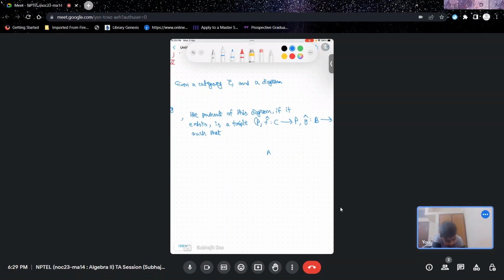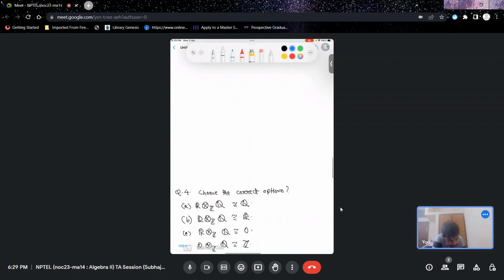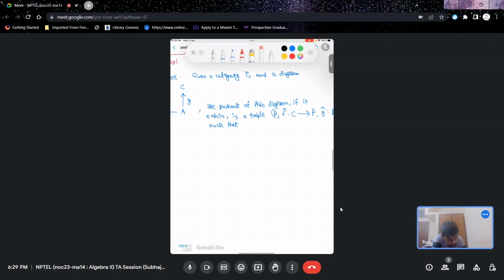Such that A to B you have an arrow, and A to C you have an arrow. So this is F, this is G. And this is P. You have an arrow of C into P, and you have an arrow of B into P. I mean, there exists an arrow, if the pushout exists, then this will exist.